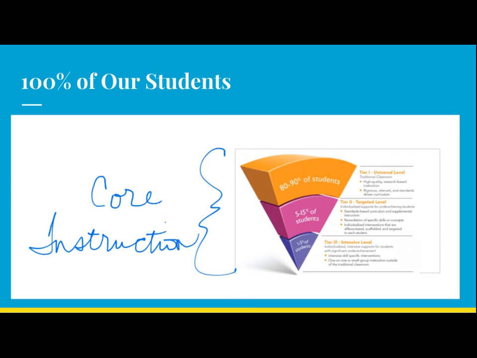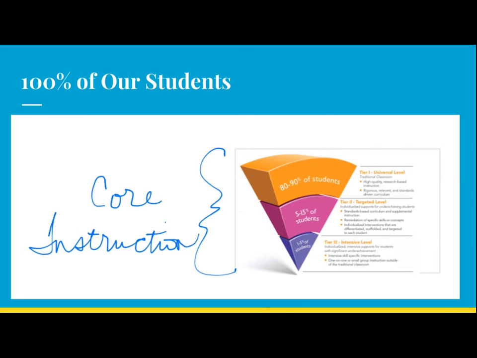To clarify that point a little bit further, all of our students receive the core instruction. So when we say core instruction is only Tiers 1 and 2, it's not. Everybody is receiving that, which is why our core instruction is so important.